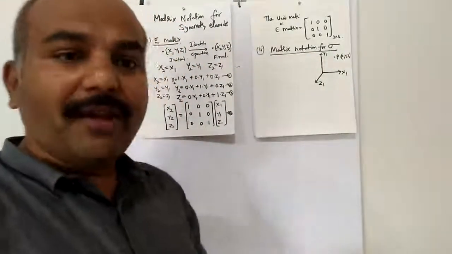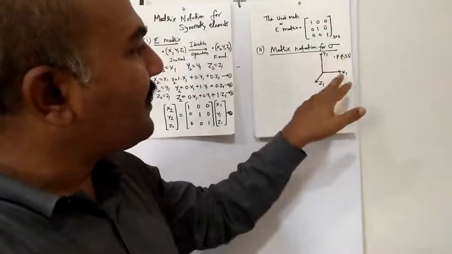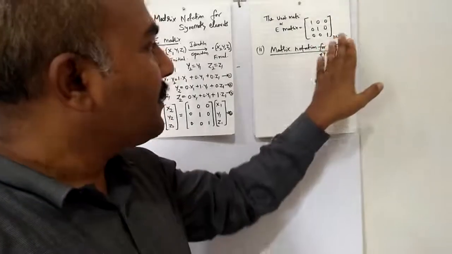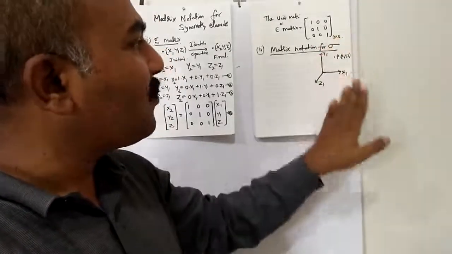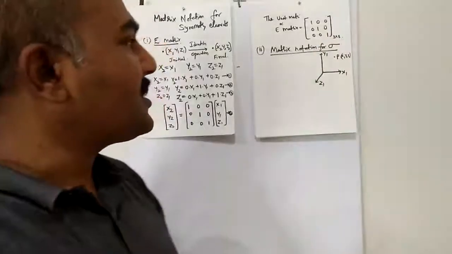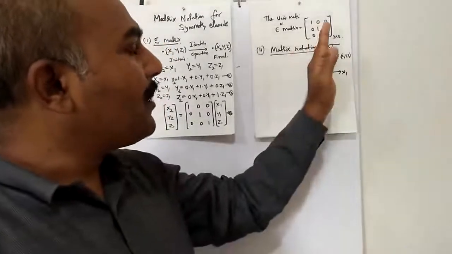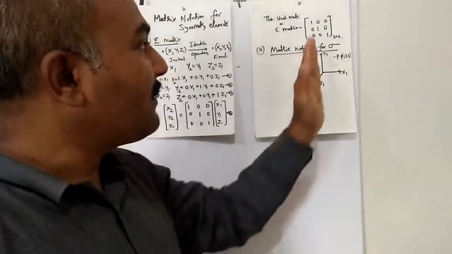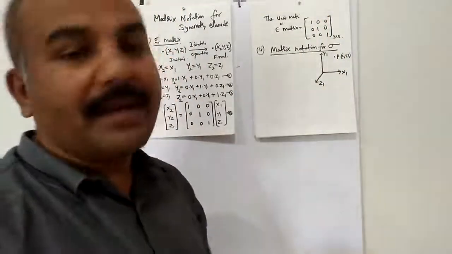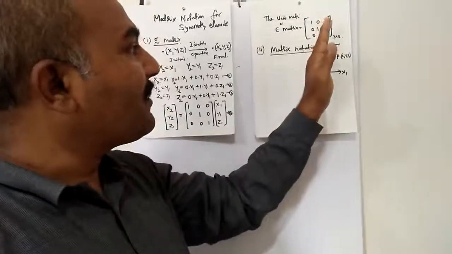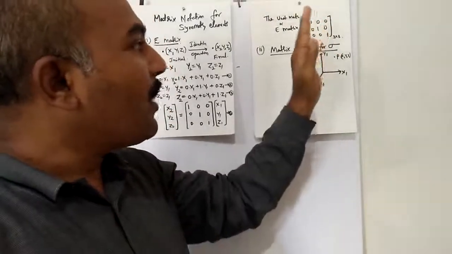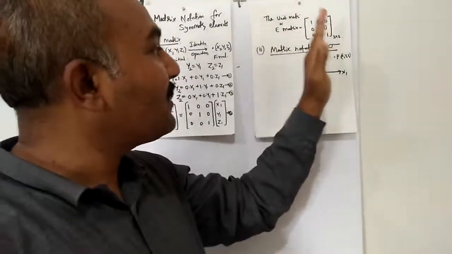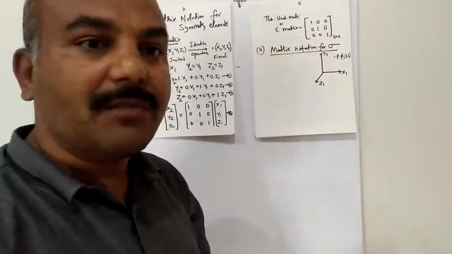In 3 ways you can make it collinear. You can write the matrix notation for the sigma xy plane, in which the reflection plane is collinear with the xy plane of the Cartesian system. Or you can write the sigma matrix notation for the yz plane, that means the sigma yz matrix, where the reflection plane is collinear with the yz plane of the Cartesian system.